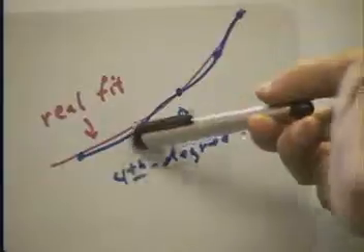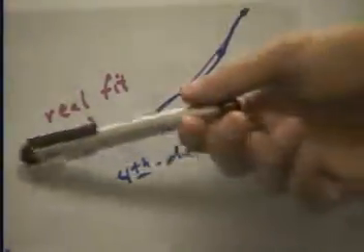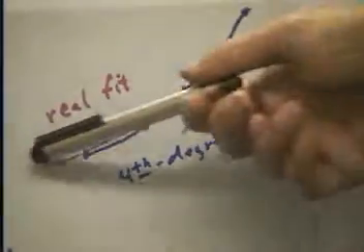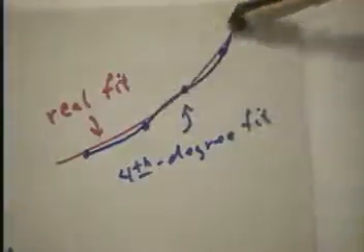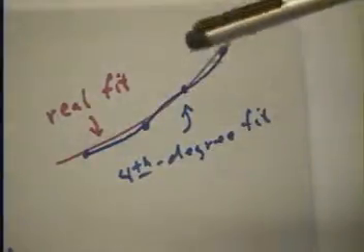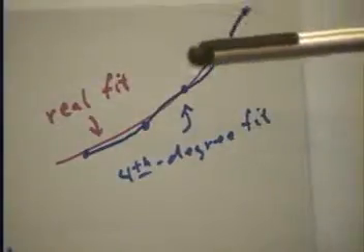We have data points here, here, here, here, and here. Maybe the real fit would be a parabola, a section of a parabola. Now that's a little bit too high. I didn't draw it particularly accurately, but if it was a little bit lower, it would be a good fit.